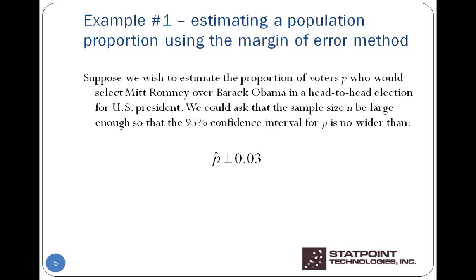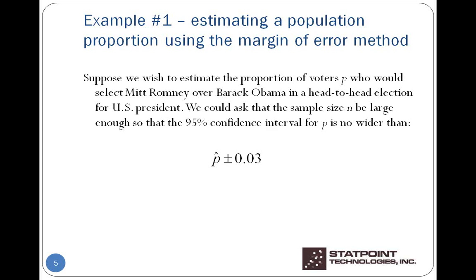I have no idea what it is, but I'm just making up a number. What we try to do in such a case is be sure that we ask enough voters, take a large enough poll, so that the margin of error associated with that estimate, when I come back and say 53%, is no more than, let's say, 3 or 4 percentage points. And I've written it down here as a confidence interval, as a requirement that we estimate that proportion to no worse than plus and minus 0.03.